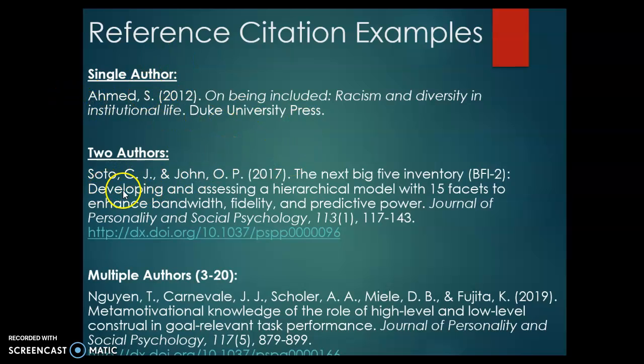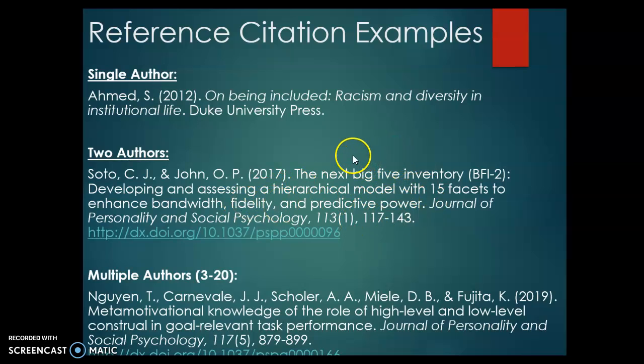Two authors: last name, first initial, middle initial if it's available, and last name, first initial, middle initial of the second author, year of publication, the title. And oftentimes you see titles written like this. You have a precursor with a colon and then a more specific title, and it's all considered a title.